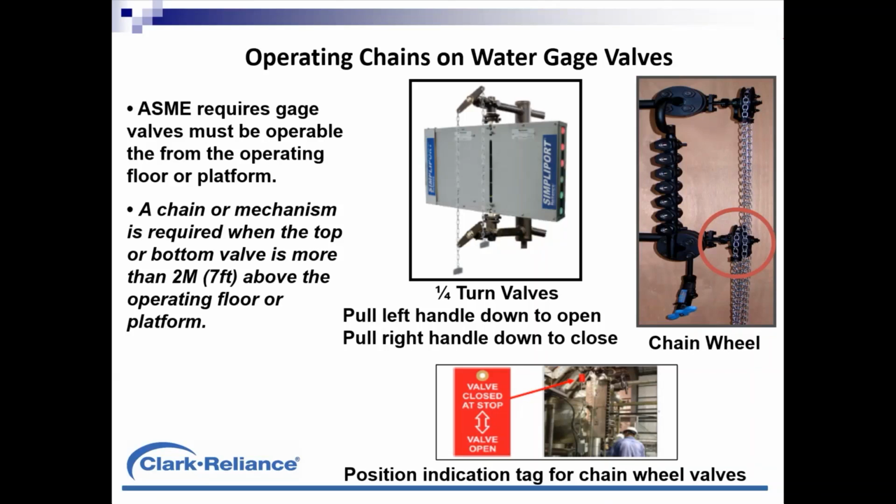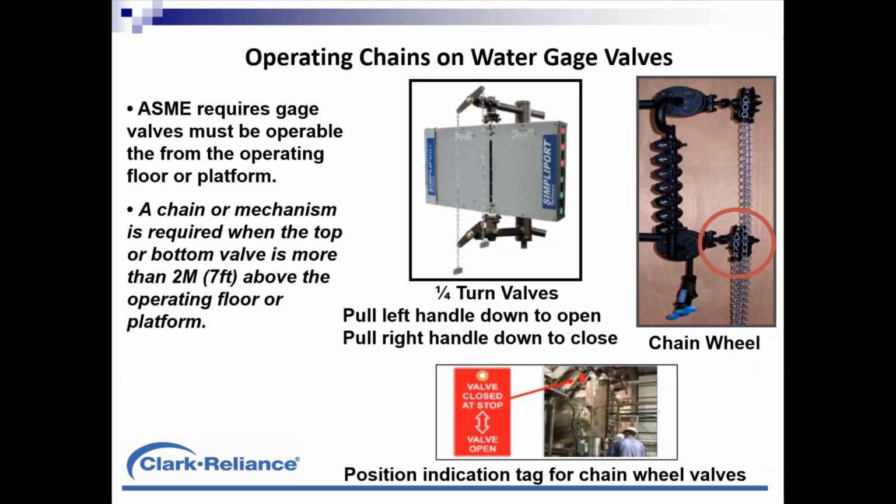I mentioned the one up above with levers, and operators quickly train to see by the position of a lever what's open or closed. On a chain wheel valve, we've devised a tag and instruct our customers how to install that tag, so when it's in the appropriate place on the chain, they can see that valves are open or closed. You can see here that the operator's head is much below that upper valve, so definitely there is a need for a chain there.